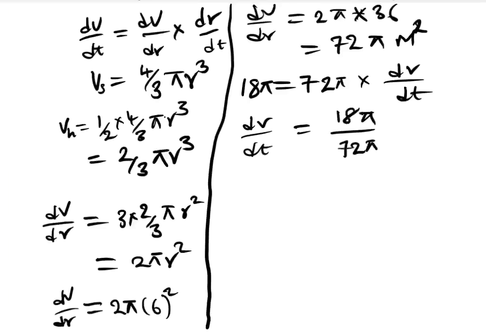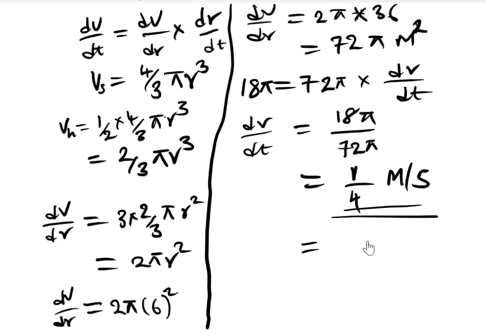We can simplify this, and it should be 1 divided by 4 meter per second. This is the final answer. It can as well be written as 0.25 meter per second, since 1 divided by 4 is 0.25. This is as well the final answer, either this or this.